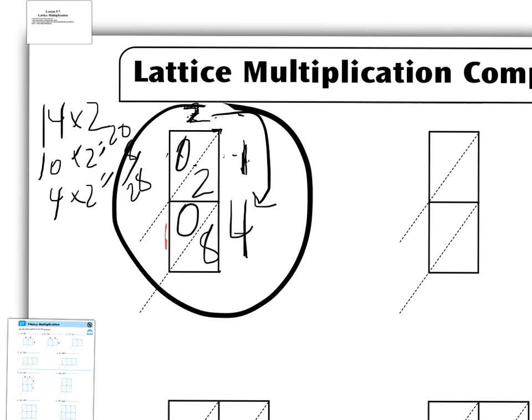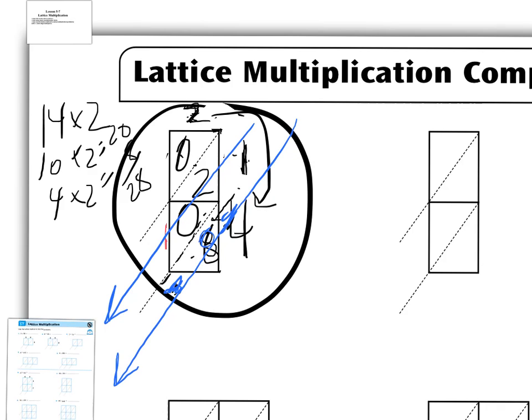So what you do now, now that the box is filled in, because we did 2 times 14, is we start adding at an angle. Okay, we add at an angle. So this 8 has nothing else here and nothing else over here. Let me change the color of the ink. Nothing here and nothing there, because we're adding at an angle. Notice like that? We're adding down at an angle.